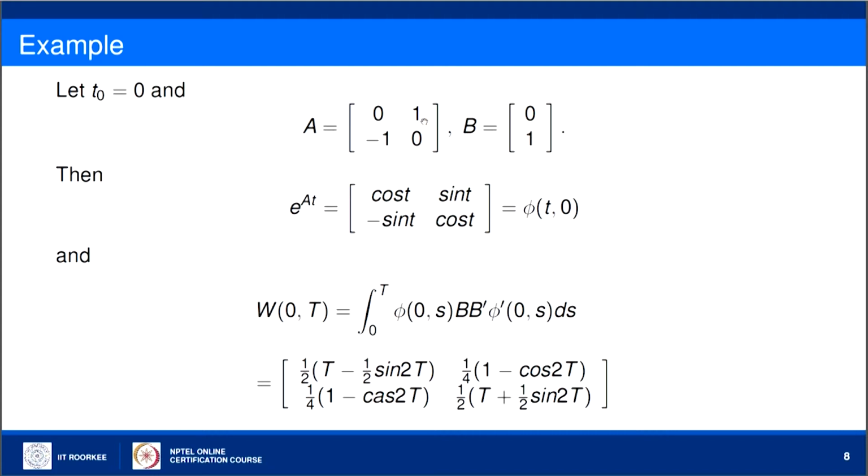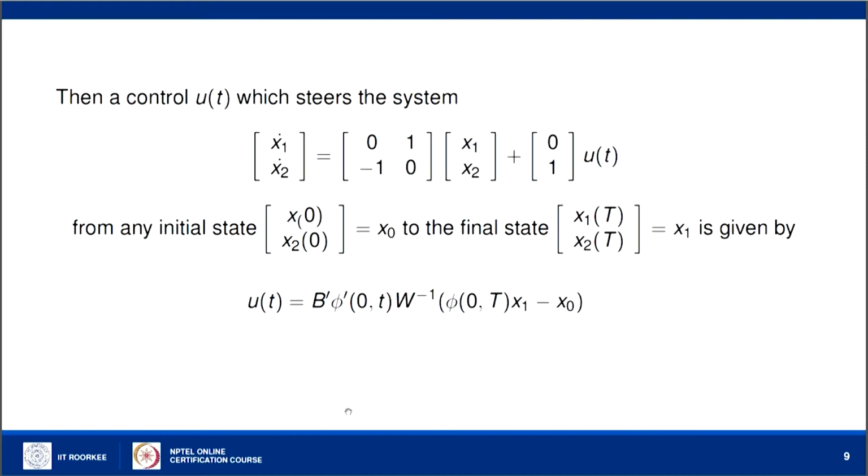So, A is given like this, we can easily calculate e to the power At in this way, which is equal to phi(t, 0), and the controllability Gramian matrix W(0, t) is given by this expression. After substituting these phi values and B etc., we will get the value of the controllability Gramian matrix like this, and then the control is computed.